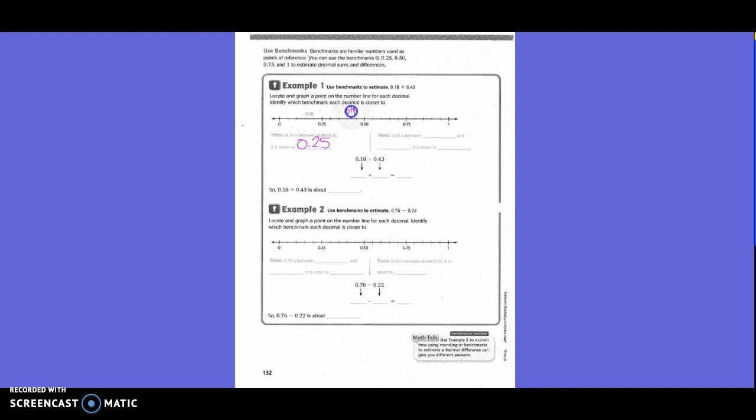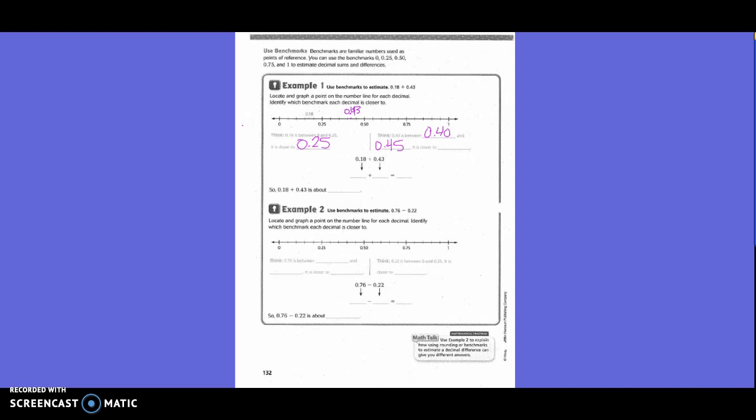And we'd write 0.43 for 43 hundredths. So we said 43 hundredths was between 40 hundredths and 45 hundredths. Oh, hold on a second.